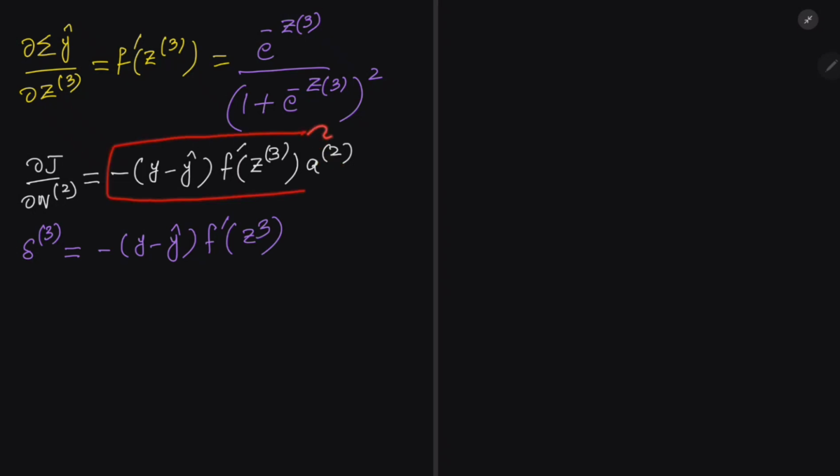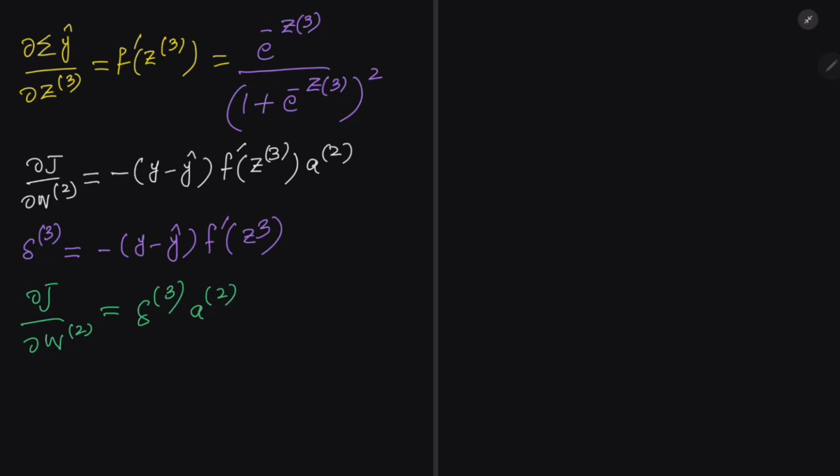We are calling this w. So partial J by partial w2 will be equal to w3 and we have a2.